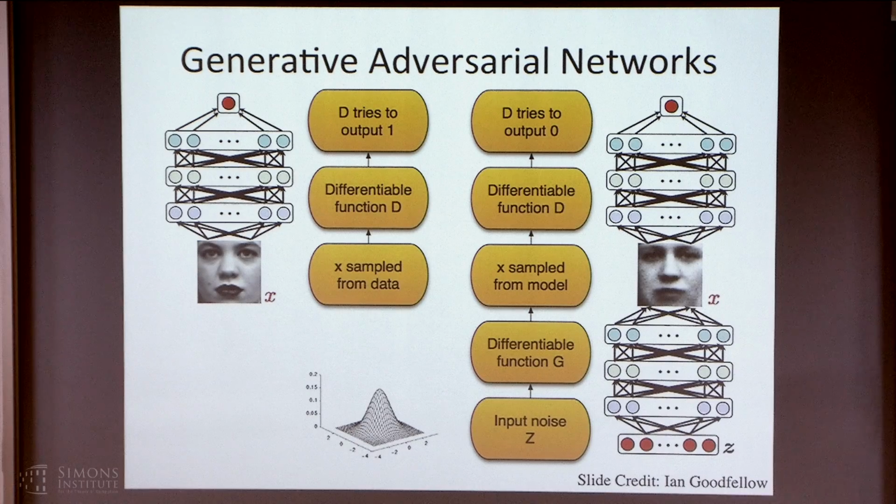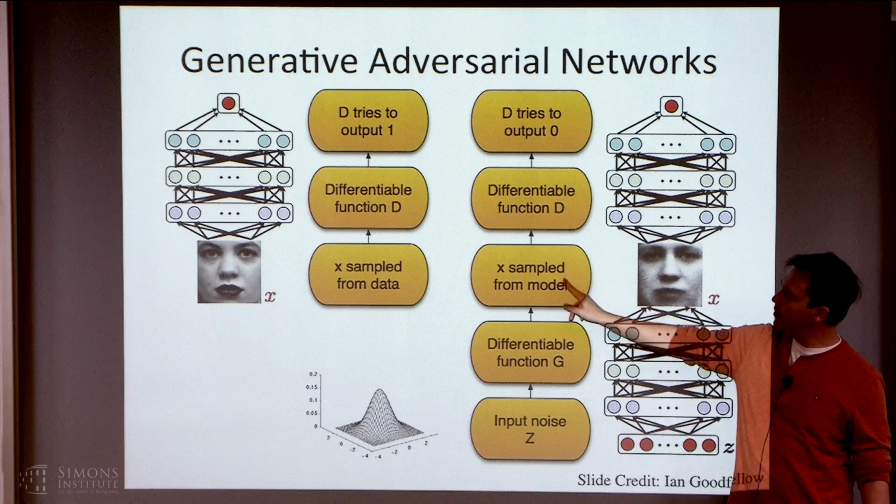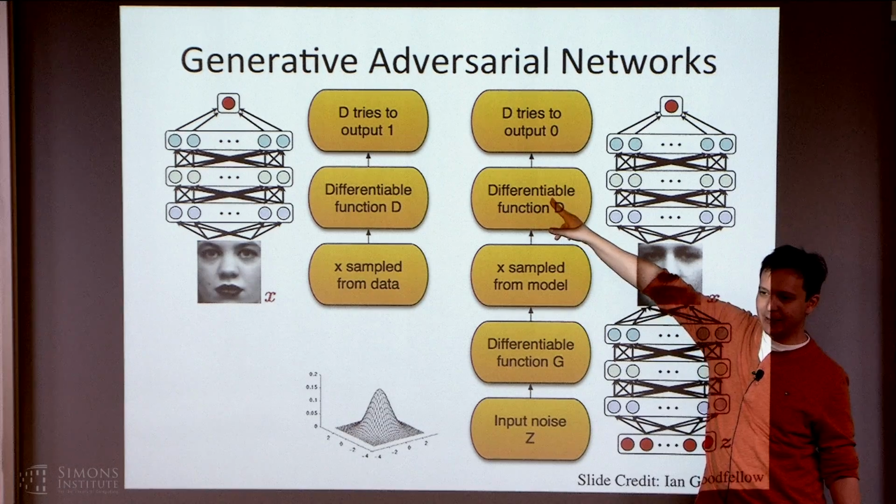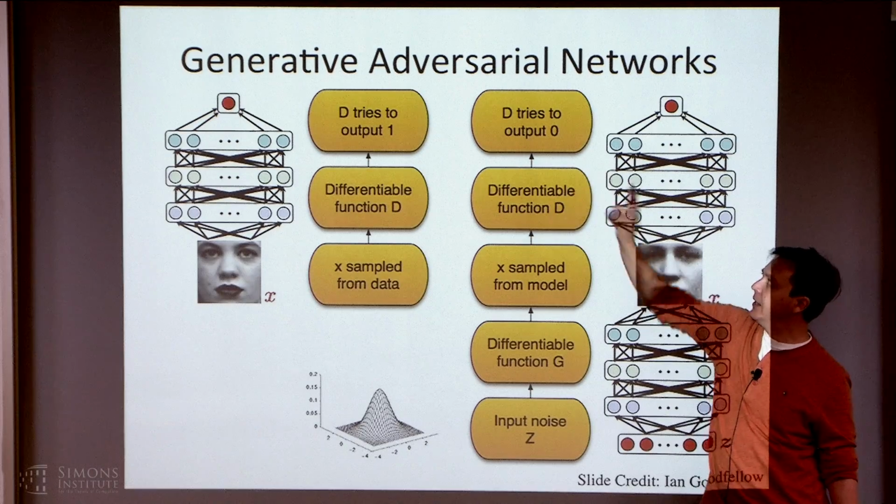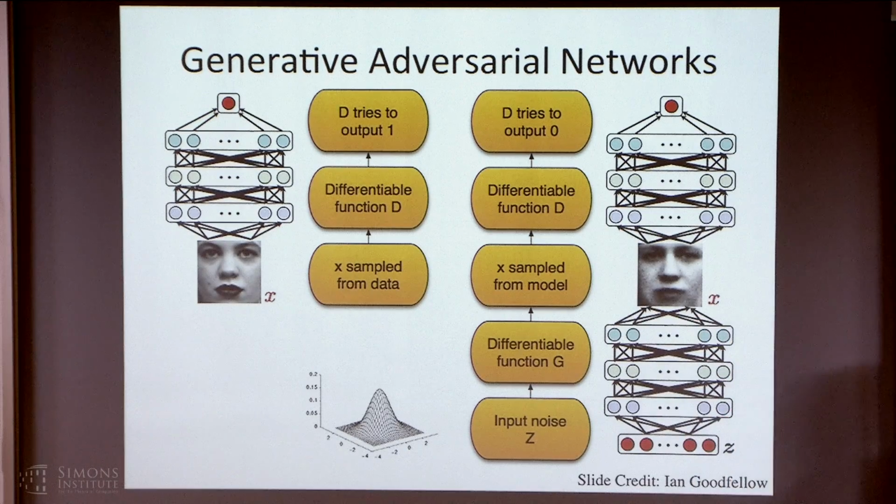And then the idea is that you take this sample, you pass it through the discriminator, it has to be a differentiable discriminator, and you want to output 0. Right? So the role of the discriminator is to say, I want for the real data to output 1, for the fake data I want to output 0. And the role of the generator is to say, how do I change parameters of this model so that when I plug this sample into my discriminator, the discriminator will output 1.